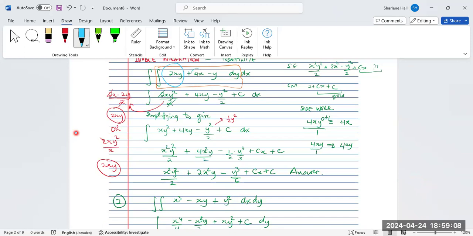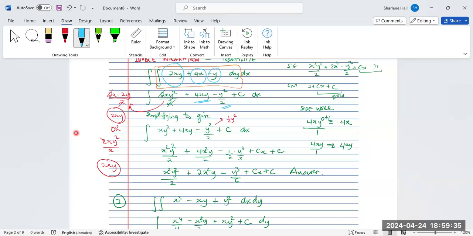When I'm integrating this term with respect to y, because there's no y there, I have to add a y here. You see it? When I'm integrating this with respect to y, because I have a y there is no need for me to add an x here. The first term I'm integrating with respect to y, I already have a y, so there is no need for me to add a y.